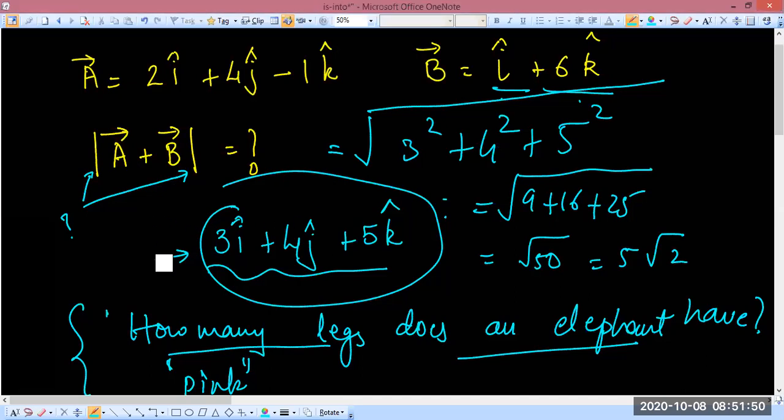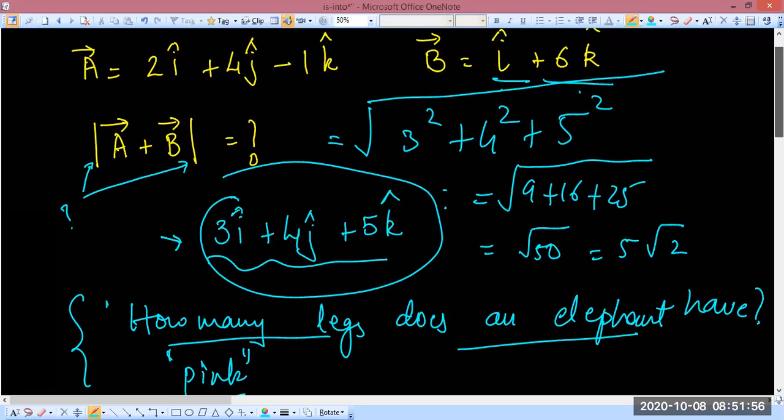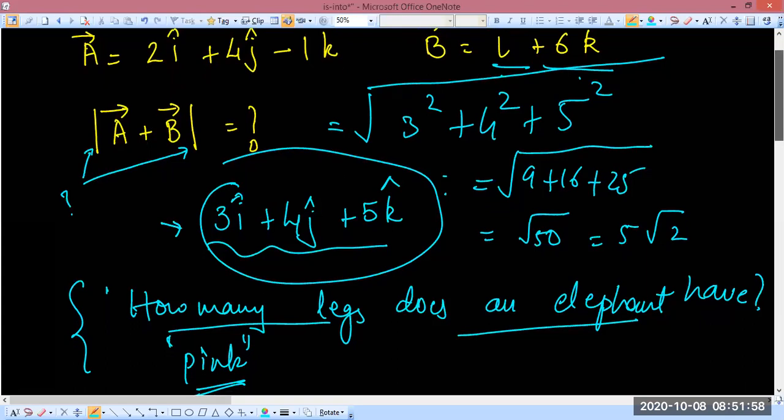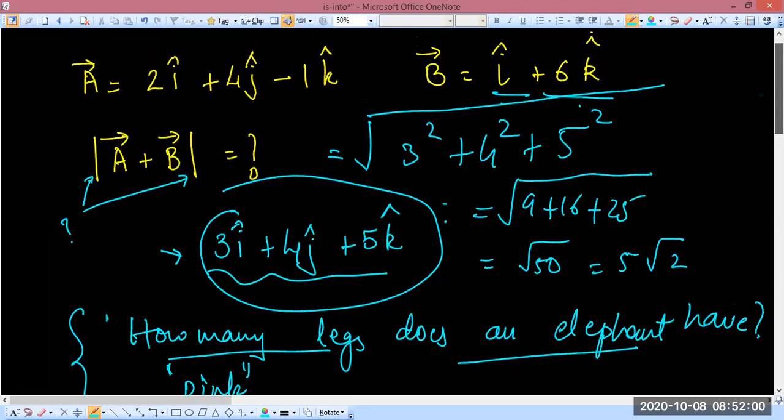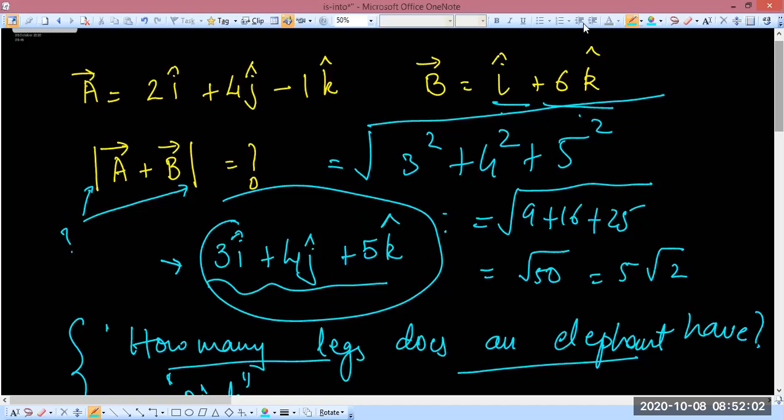I know that some of you did not get this. I think some of you might have got some other vector. I don't know why. But see, this is i caret, so i caret with i caret. j caret with, okay, no partner, so 4 j caret. And -1 and 6 is 5 k caret, right?